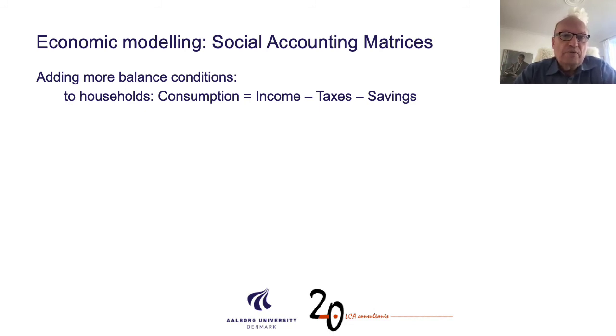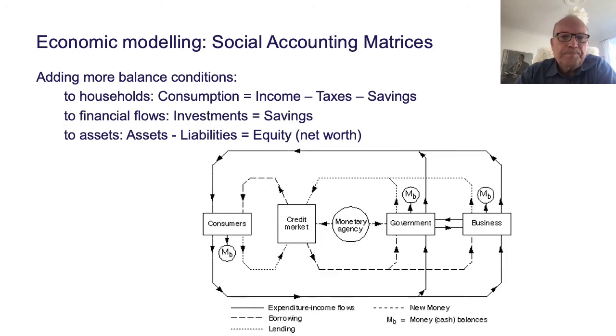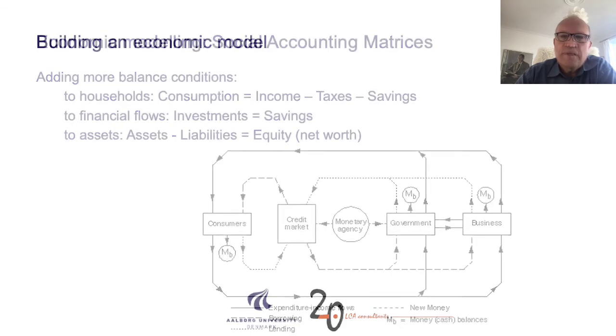To the households, we add the balanced condition that consumption must equal income minus taxes minus savings. And to the financial flows, we say that investments must equal savings. And to the assets, we say that assets minus liability is the net worth of the individual actor. And in that way, we can start making much more advanced models of the flows and consequences of the economy.